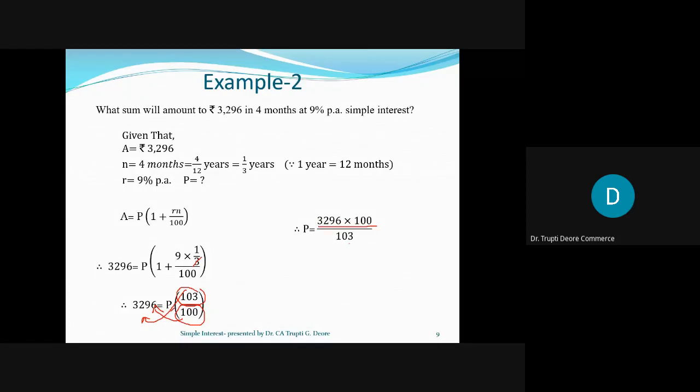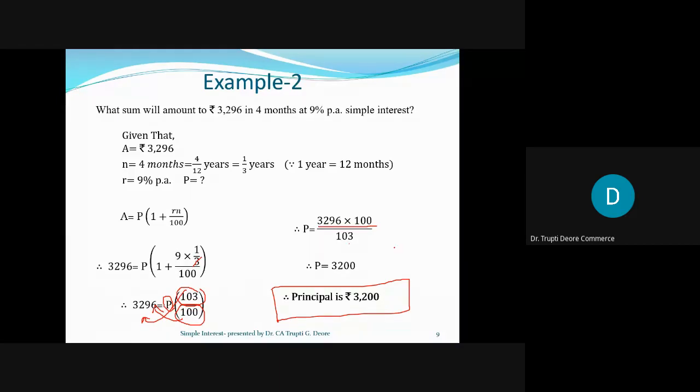So we get the value of P. Calculate on the calculator and you will get 3200. Yes, right. So it's the answer. We'll write the answer as: therefore, principal is rupees 3200.